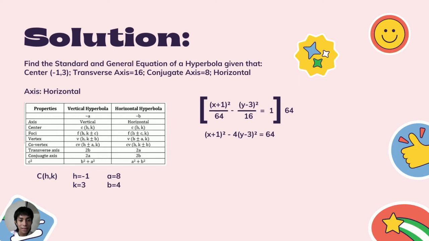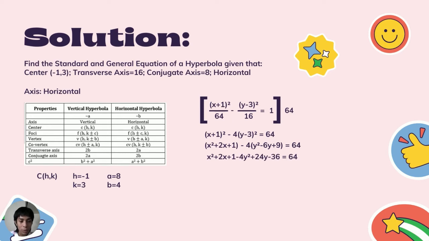So this is the quantity x plus 1 squared minus 4 times the quantity y minus 3 squared is equal to 64. Now we have to expand the perfect squares. And then we will multiply -4 to the y terms, or the y group. It will result to this.